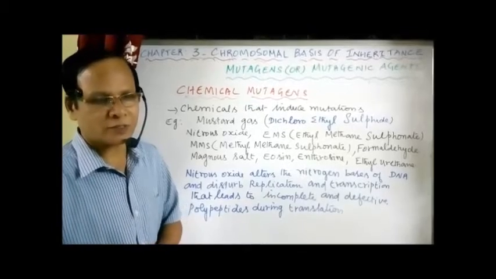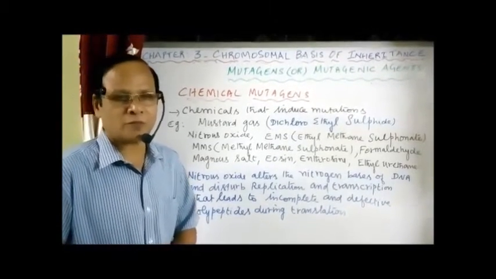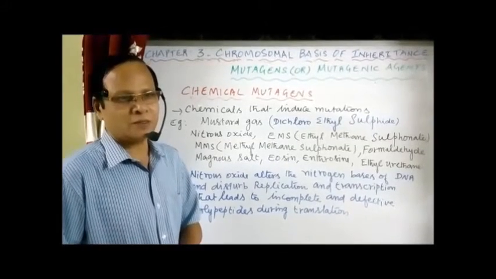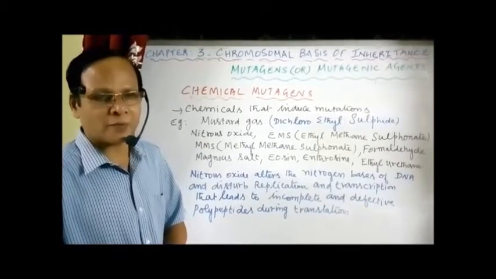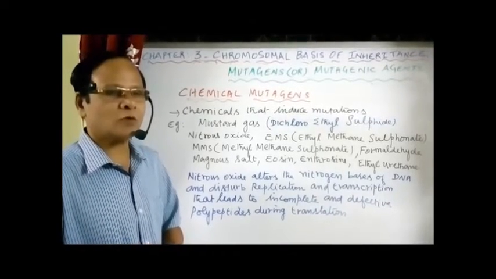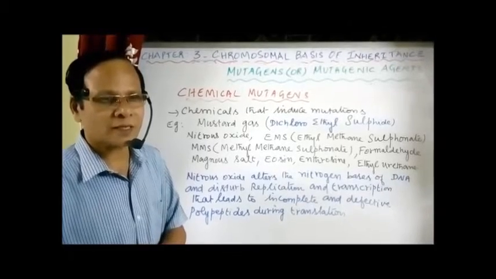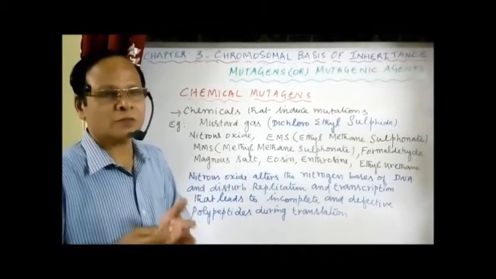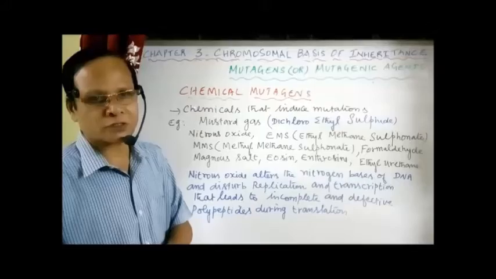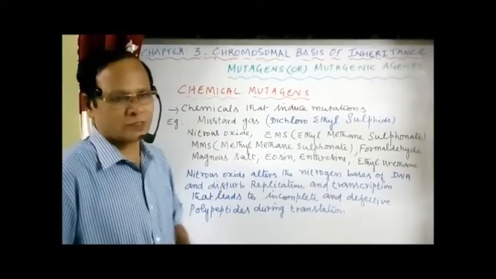For example, we have ascorbic acid, which increases the damage caused by hydrogen peroxide. Then another one, caffeine, which enhances the activity of methotrexate. So that's about co-mutagens.